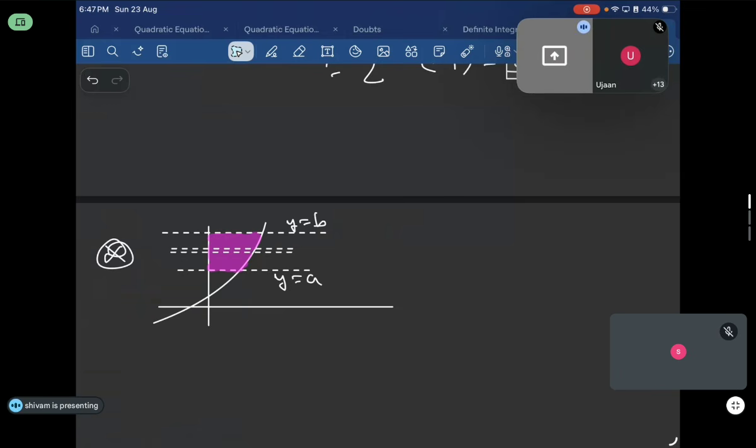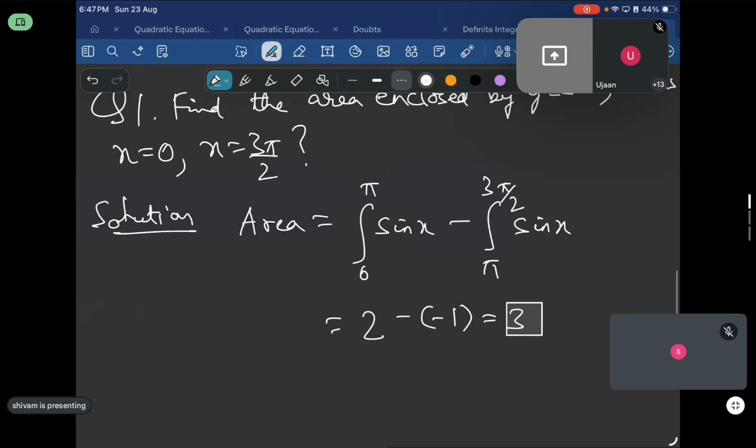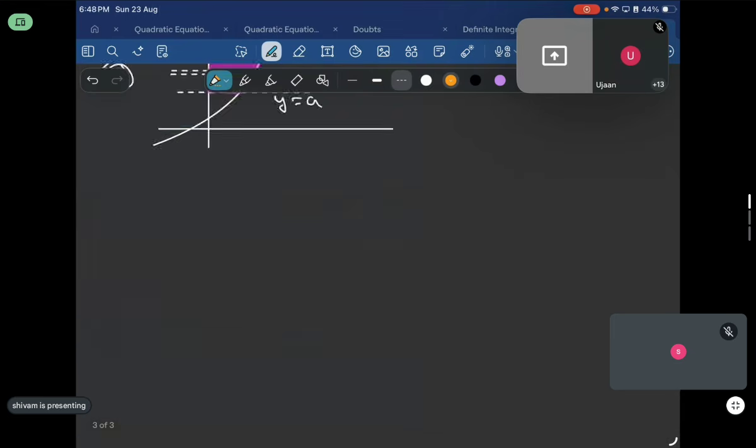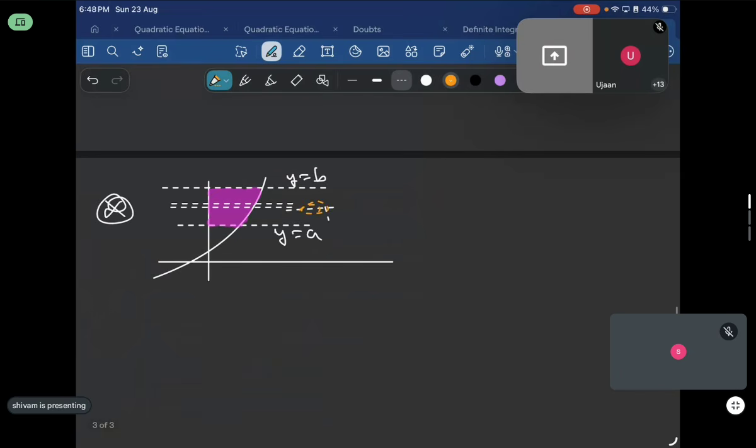So over here pay attention. This is the horizontal strip. Sometimes it is easier to find the area by taking a horizontal strip, and sometimes by taking the vertical strip.